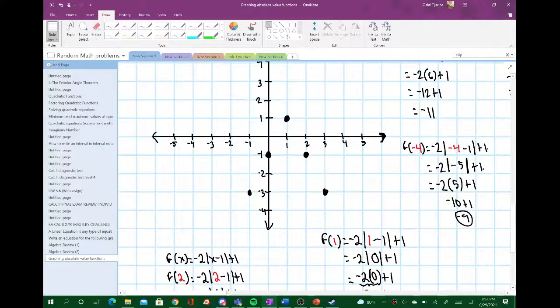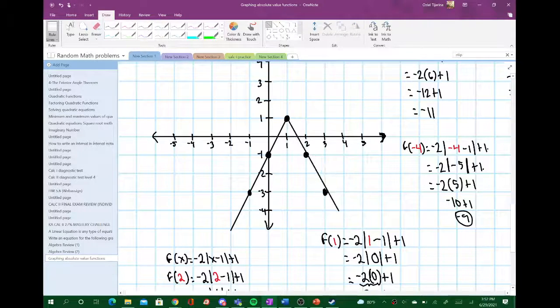And we can do it like this, and because we know that, it's going to look like this, right? And then also, because it forms an upside down V, right?